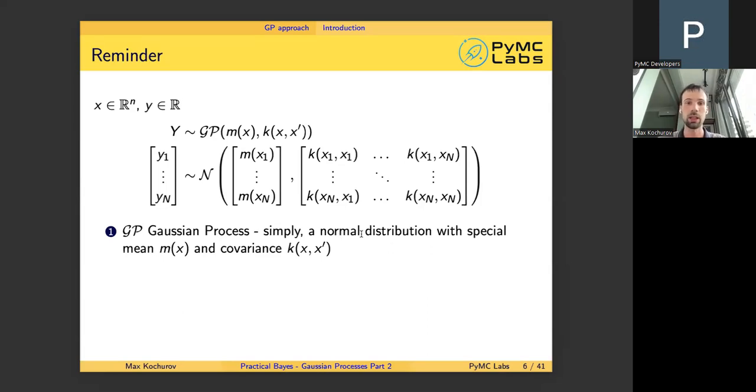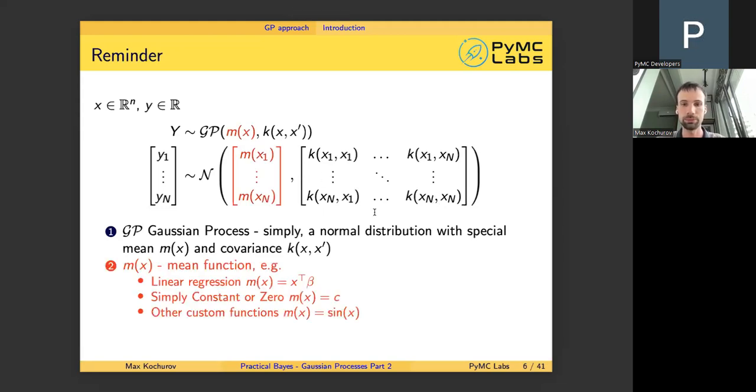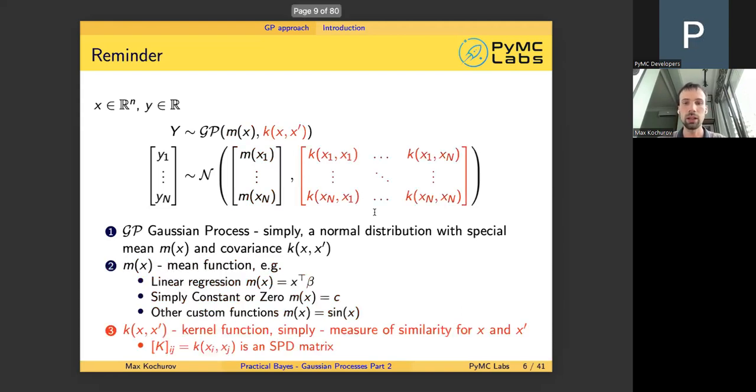It can be anything that contributes to the expectation of the observed variable. The covariance function, referred to as K, is meant to figure out the similarity between time points.